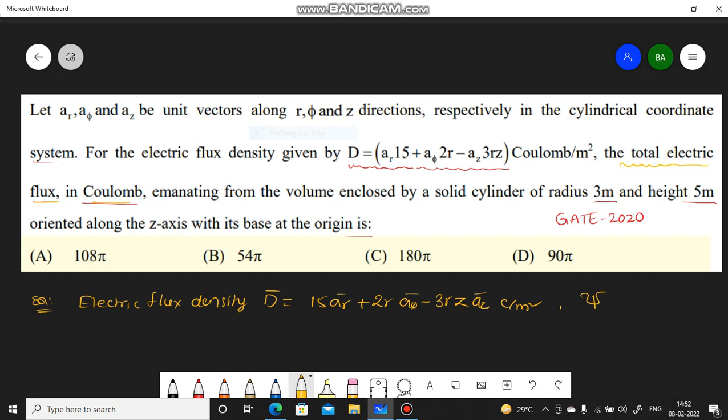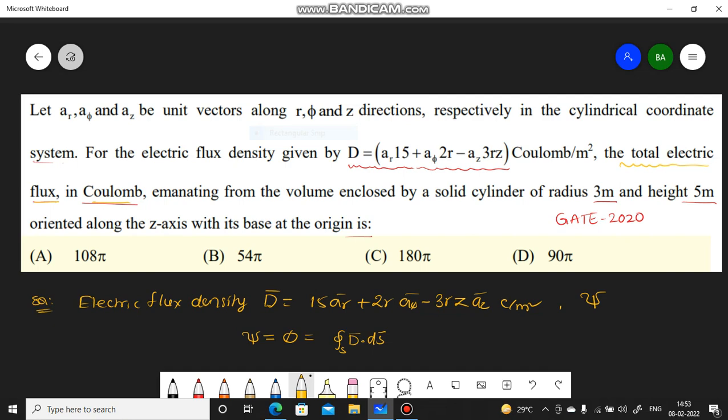That means we came to know that the relation between the electric flux density and electric flux is from the Gauss law. From the Gauss statement, the total electric flux passing through any closed surface is equal to the charge enclosed by that, and mathematically we can write Gauss law as psi equals Q equals the surface integration of D bar dot dS bar.